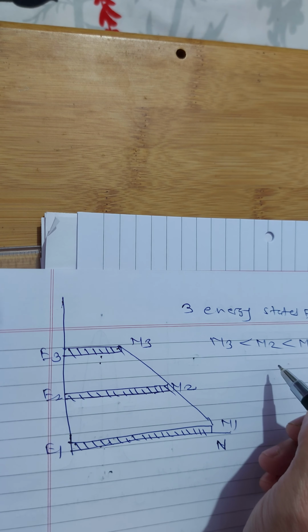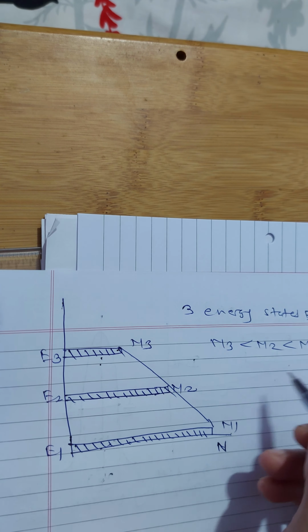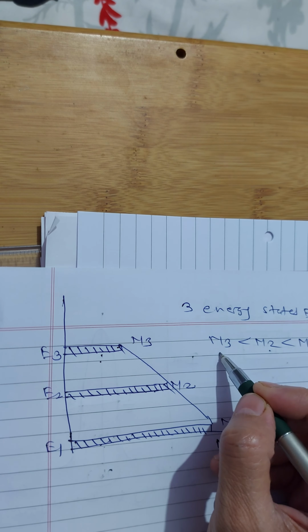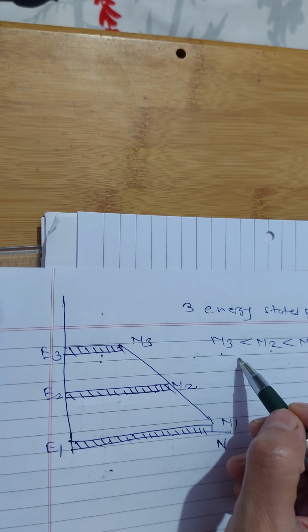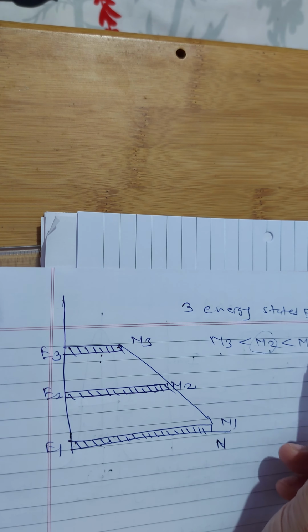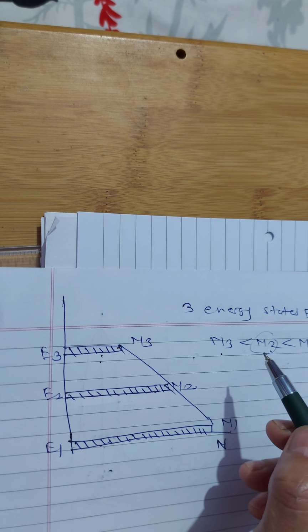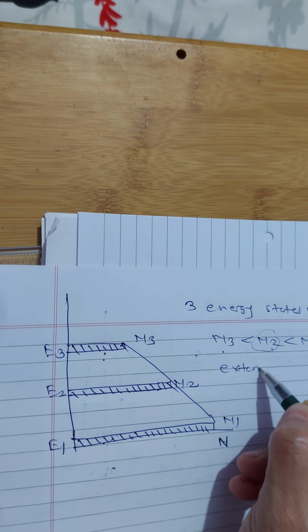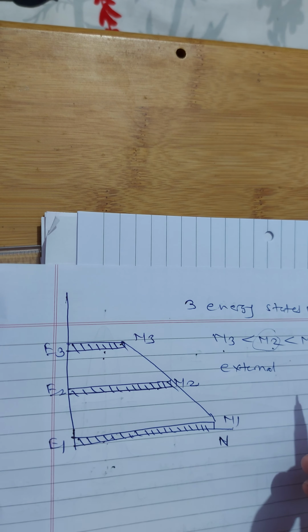If the system is supplied with external energy, because this is normal, as I mentioned, N1 will be greater than N2, and N2 will be greater than N3. We do not want that. What we want is N2 to be bigger than N1. So the system is supplied with external energy because we want to observe larger stimulated emission.